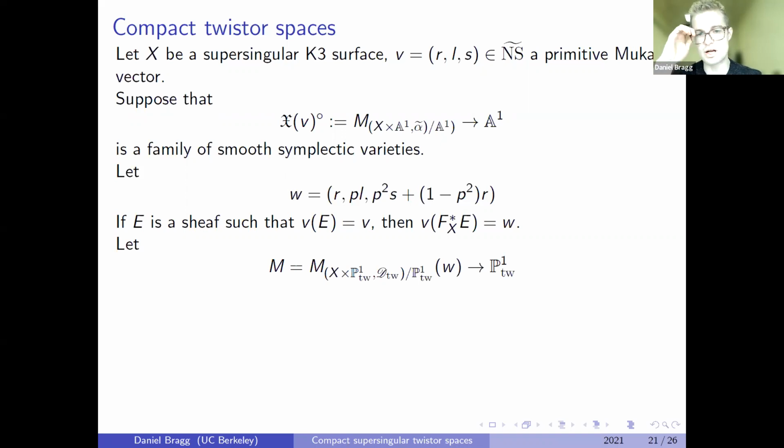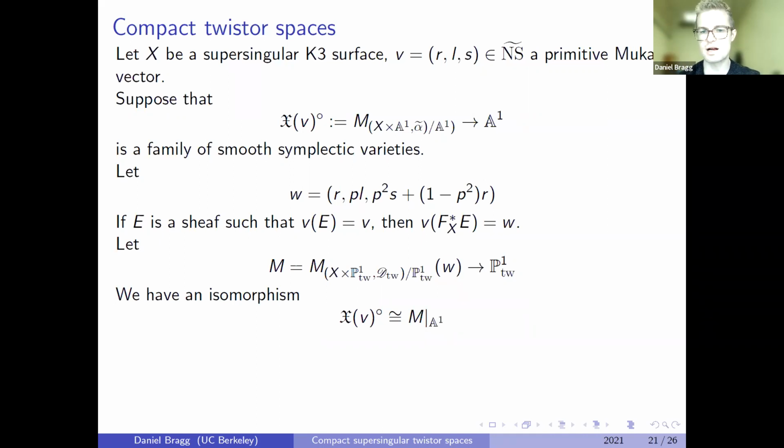And you can look at the relative moduli space of D modules on X cross P1 over P1 with Mukai vector W. By general theory, this is a family of proper varieties over P1. So that's nice. And if you look away from infinity, it recovers what I had before, by this equivalence between alpha twisted sheaves and D modules.